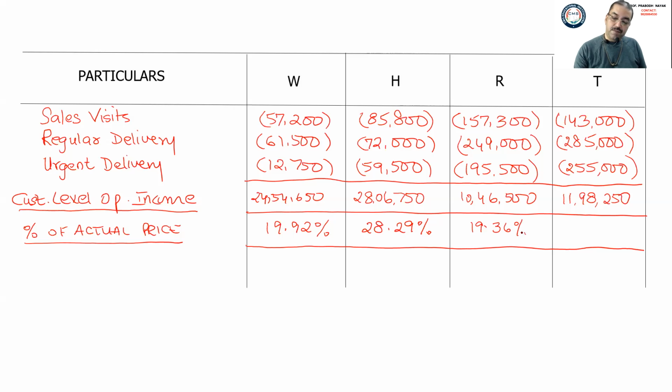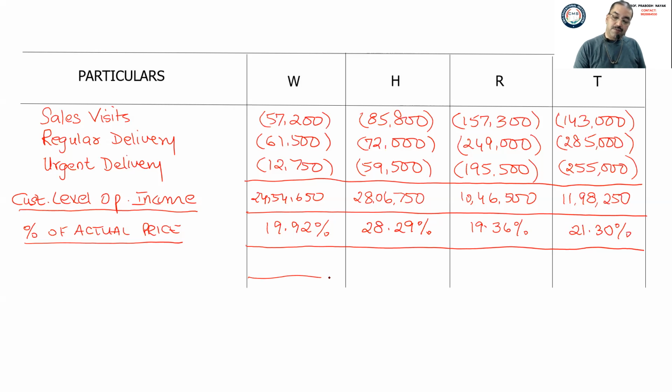Last one, 11 lakh, 21.3. Yeah, it is 21.3. Yes.